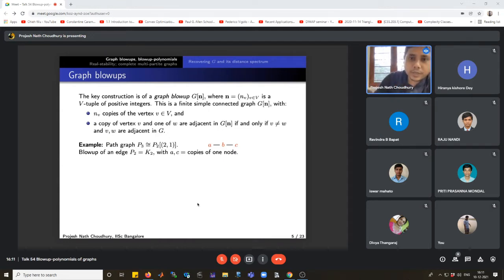The key idea is to take a couple of positive integers indexed by vertices, and we call the new graph G-blowup.